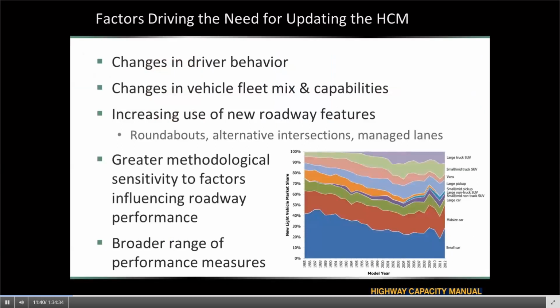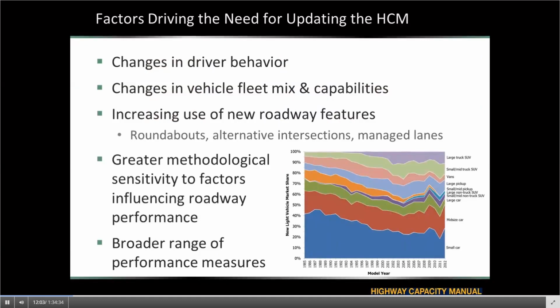There are a number of reasons why new research is conducted and subsequently integrated into the Highway Capacity Manual. Driver behavior has changed over time, as have the types and capabilities of vehicles on the roadways. Technology has advanced. Traffic signals have evolved from pre-timed operation to actuated operation to adaptive systems.